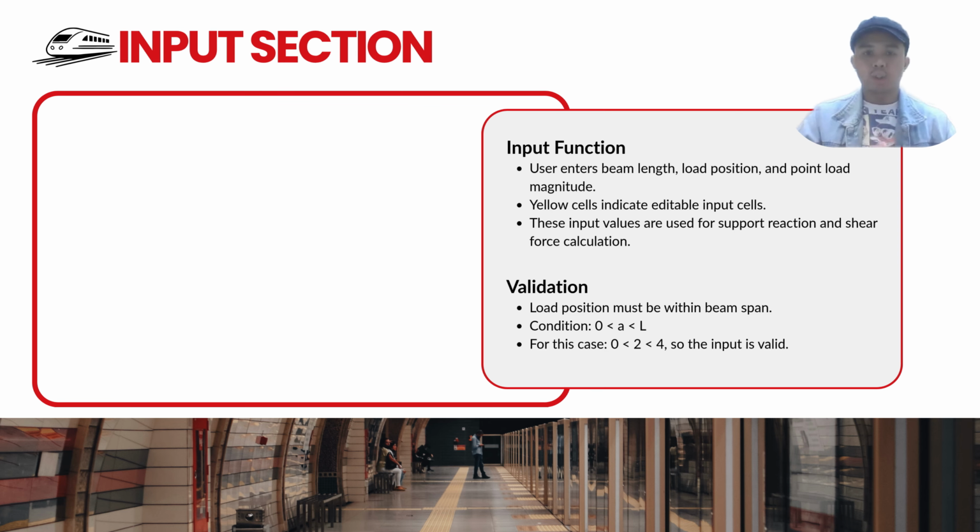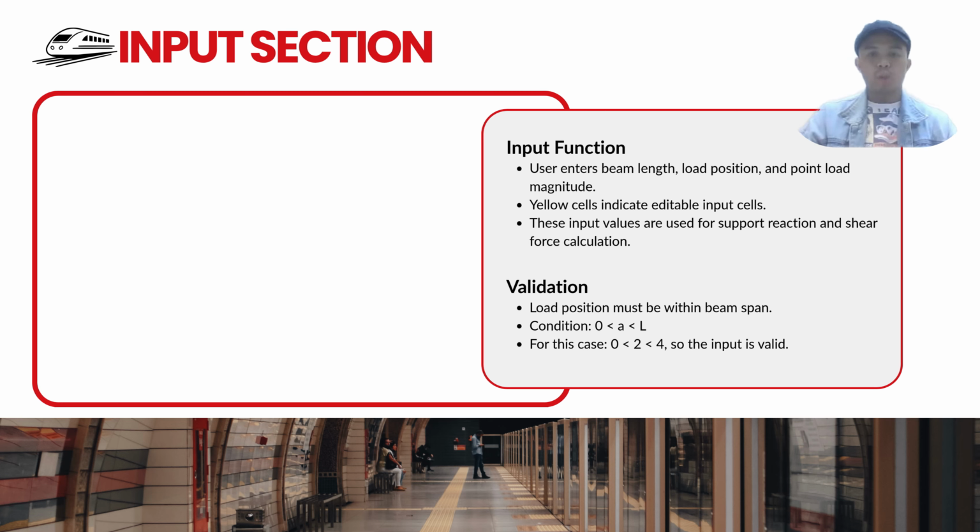This slide shows the input section of the Excel tool. The user only needs to enter three main values, which are the beam length, the load position, and the point load magnitude. For this case study, the beam length is 4 meters, the load position is 2 meters from the left support, and the point load is 20 kilonewton.